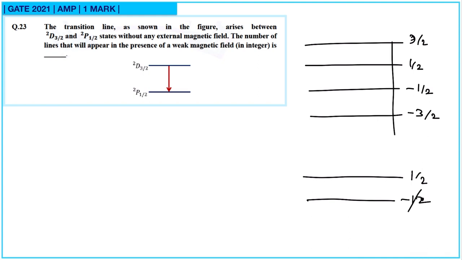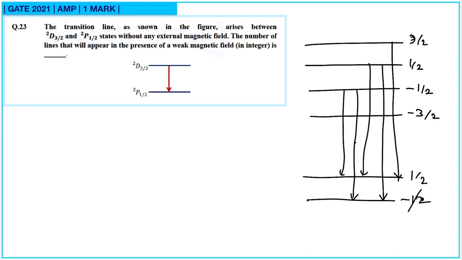So these are the possible transitions for delta mJ corresponding to +1, 0 and -1. So 6 transitions are possible. So the answer is 6. The answer given in the answer key is 6 to 6.